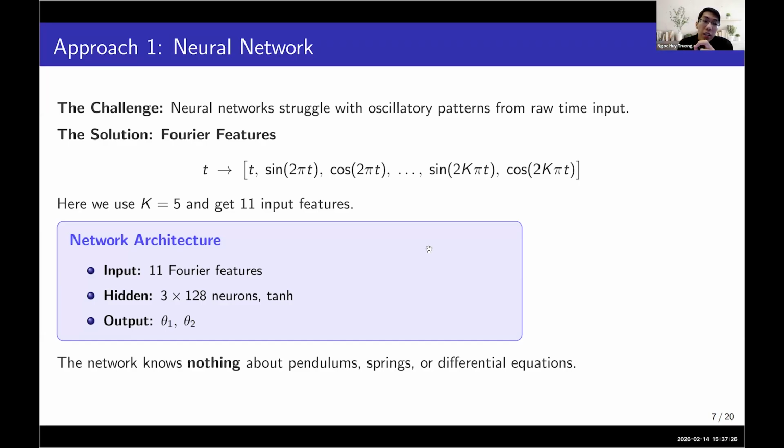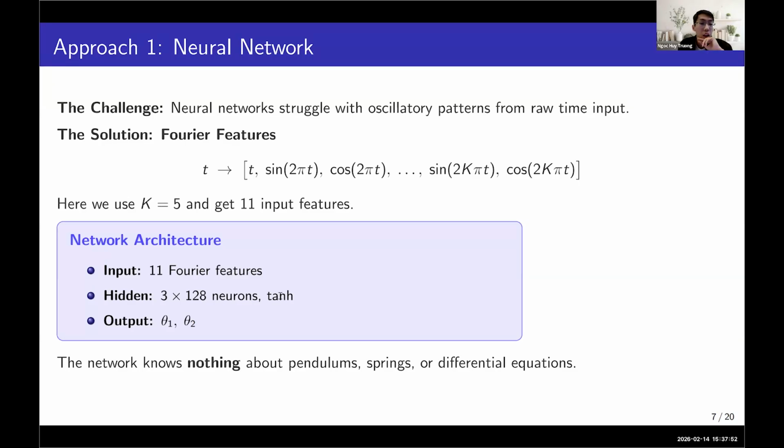So the solution here is that instead of just one input, the time, we make it into a vector. We add sine and cosine to make a vector, so that you form a block of inputs with more oscillation pattern. In here, we use 11 features, three layers, the tangent activation, and the output is theta 1 and theta 2.